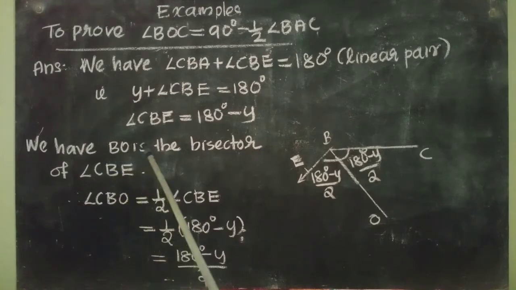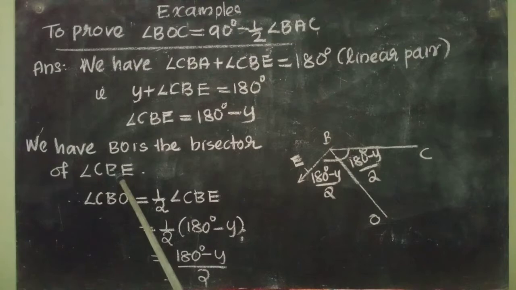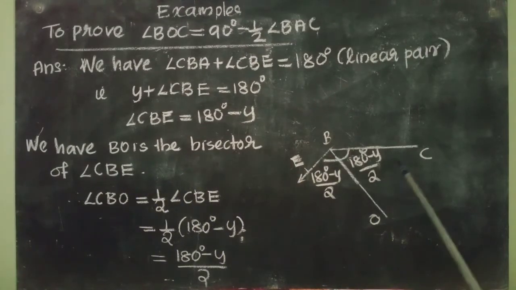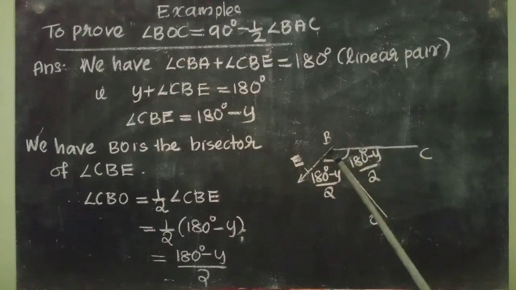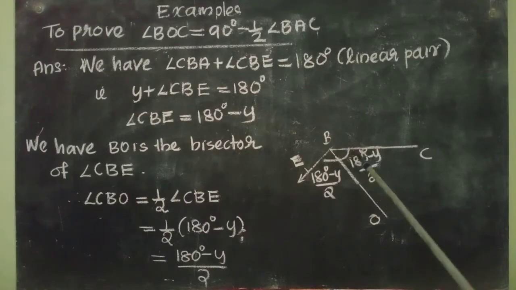We have BO is the bisector of angle CBE. Therefore, angle CBO equals half angle CBE. CBO is this portion.